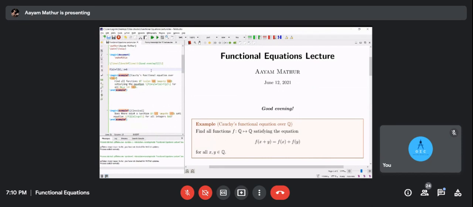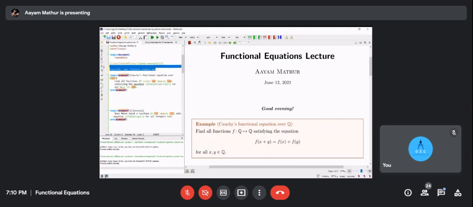So that was not an injective function. On the other hand, let's say f of x equal to x plus 1 is an injective function. Why? Because if two values are equal, then you get a plus 1 equal to b plus 1, which implies a equal to b. Is this clear?